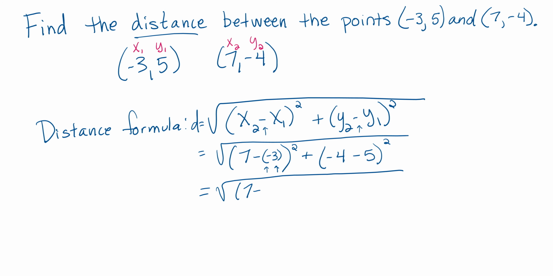So this would be 7 plus 3 squared plus -9 squared. This is going to end up being 10 squared plus -9 squared, which ends up being 100 plus 81.